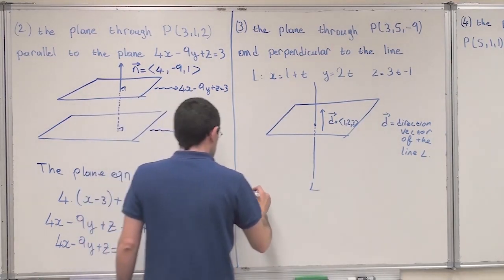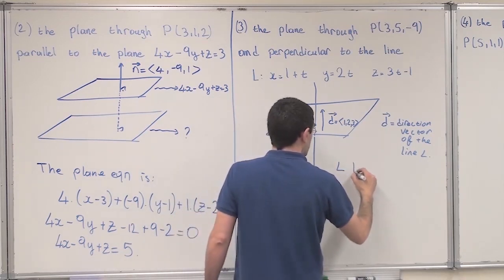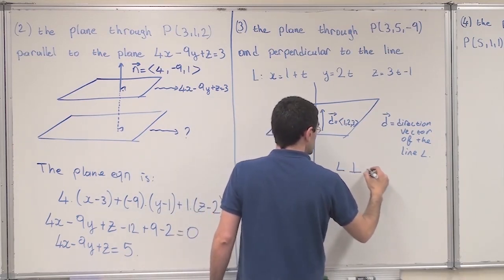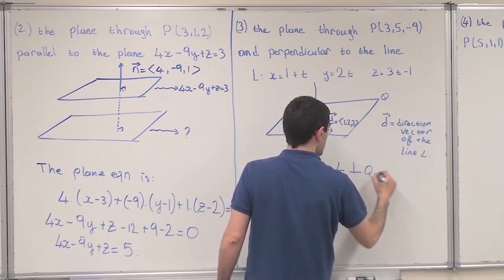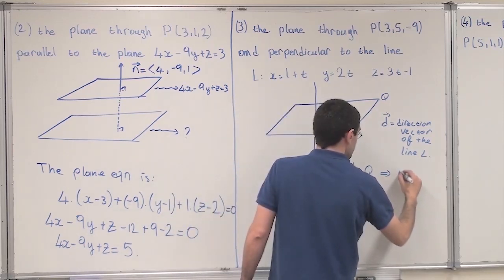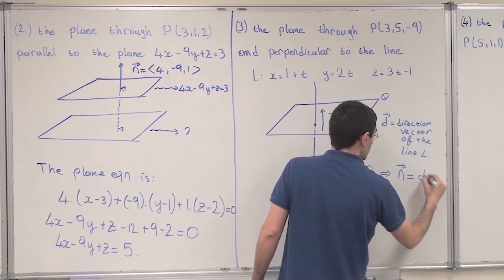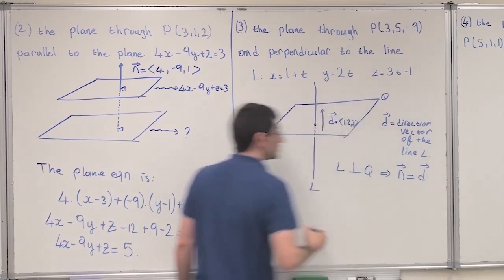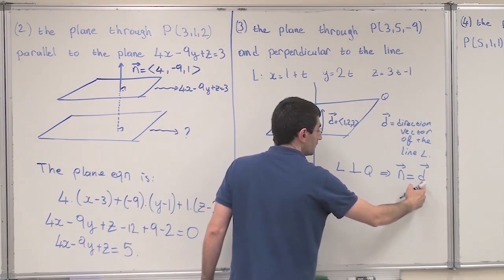Now, since L is perpendicular to our plane, let's call it Q, the normal vector of the plane is equal to the direction vector of the line.